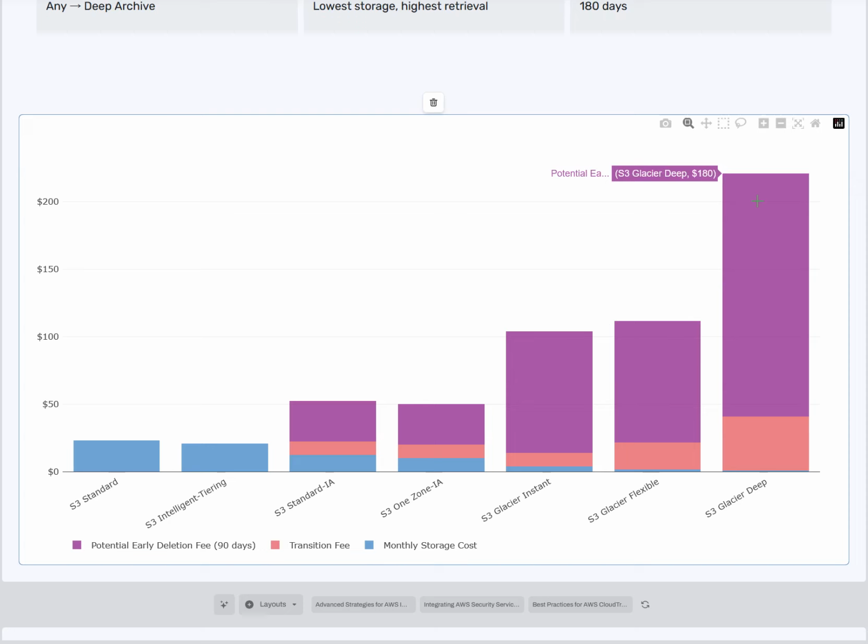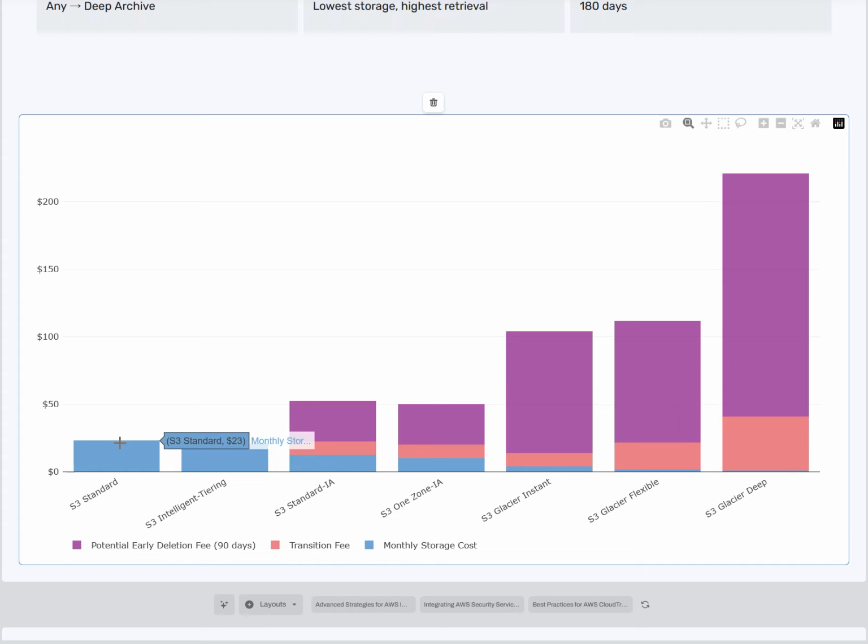Potential early deletion fees: this color gives you, if you delete early, it will get you this early deletion fee, right? See that here, the 13. But the transition fee is, all right.